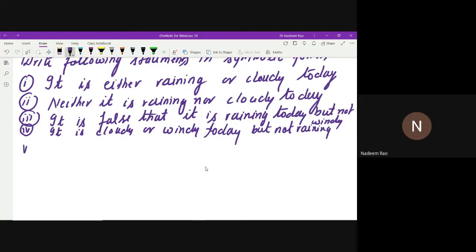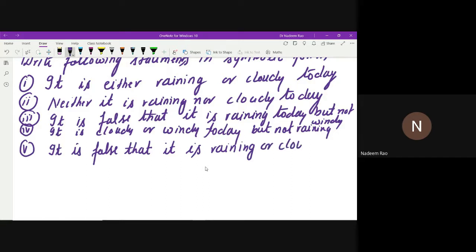Now the fifth one, it is false that it is raining or cloudy, but not windy.